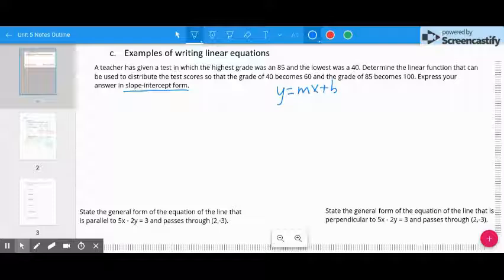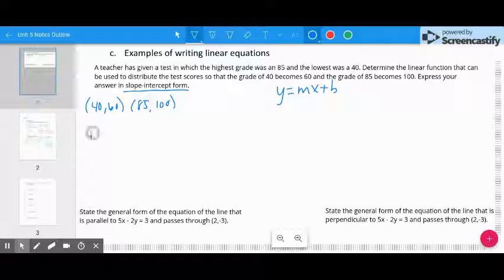Think of 40 as the input that's becoming, after we put it in the function, the output of 60. Same thing, 85 is the input that goes into the function and becomes the output 100. So what they gave us are 2 ordered pairs, 40, 60, and 85, 100. Now, neither of those are the y-intercept, nor are they the slope.